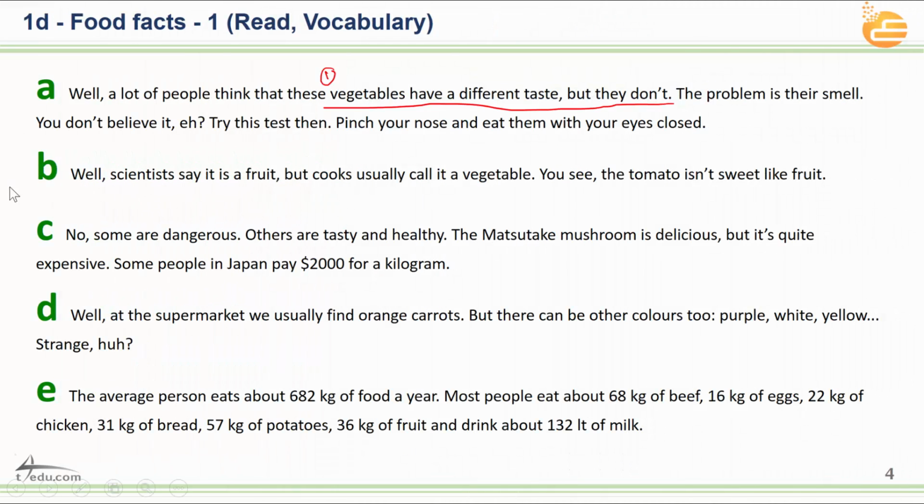You will find it in B. Well, scientists say it is a fruit, but cooks usually call it a vegetable. Exactly. Let's underline it and write number two. So it relates to sentence number two. Okay, very nice.